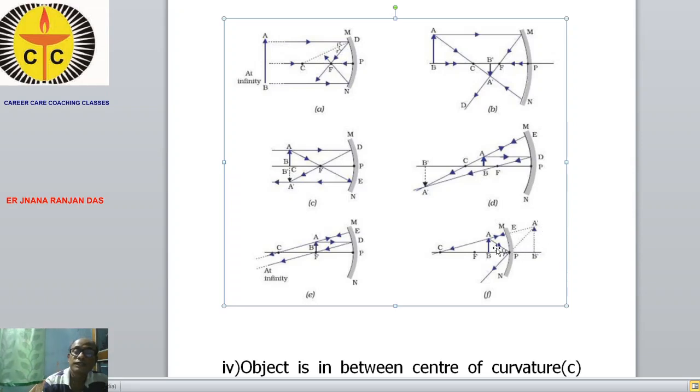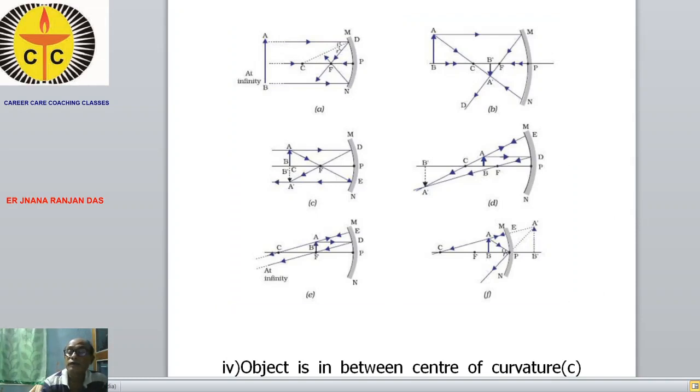So the image will be seen here, A dash. The image of A is A dash, and similarly B is B dash. So A dash B dash is the image of AB. This is a virtual image, not a real image, because the reflected rays actually don't meet each other. That is the case of image formation.